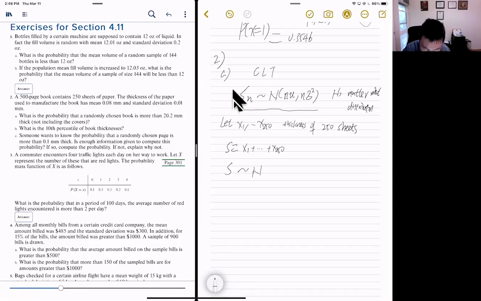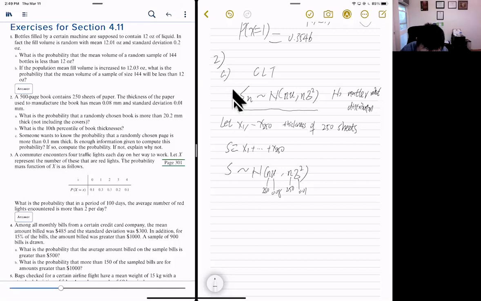So S follows N of n mu and n sigma squared, and here n is 250. Mu is the mean thickness for each paper, which is 0.08, and sigma is 0.01.